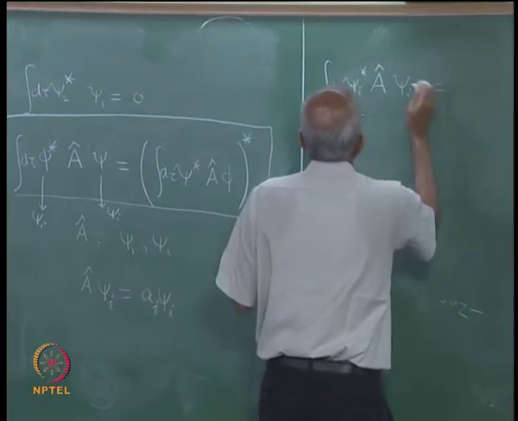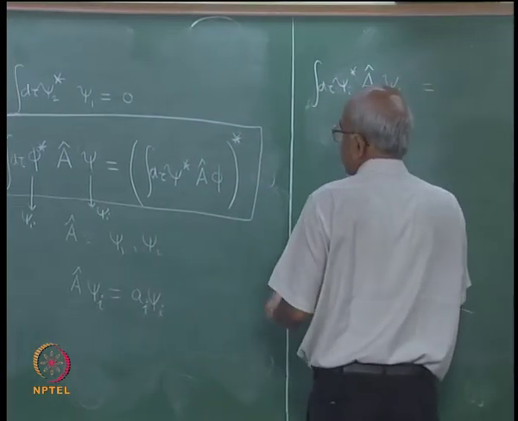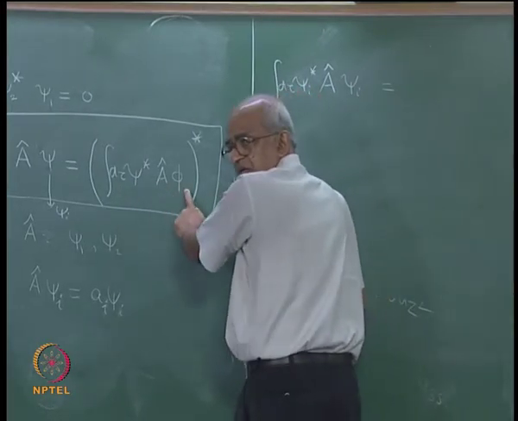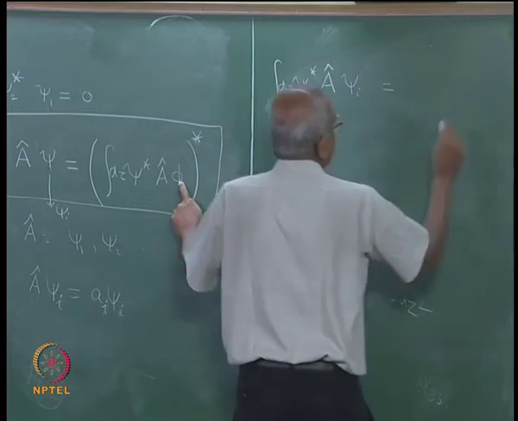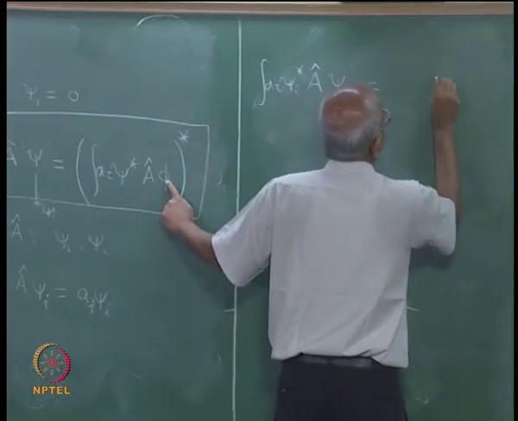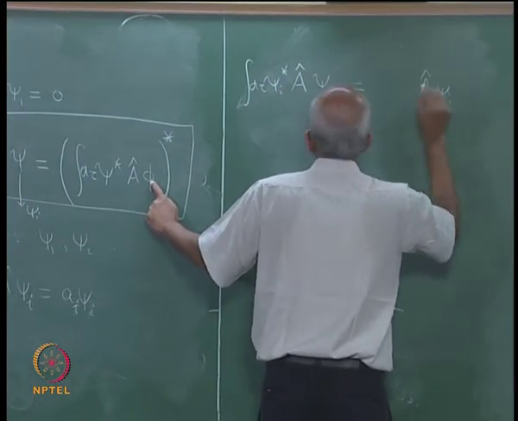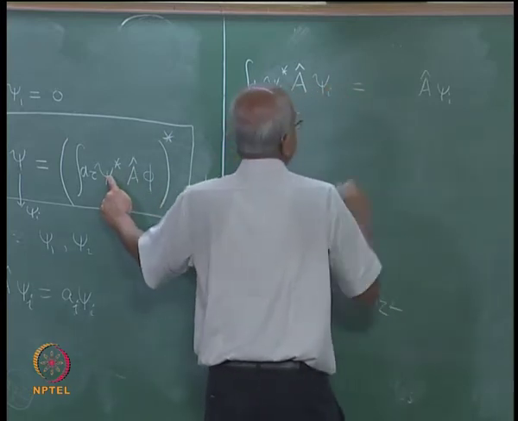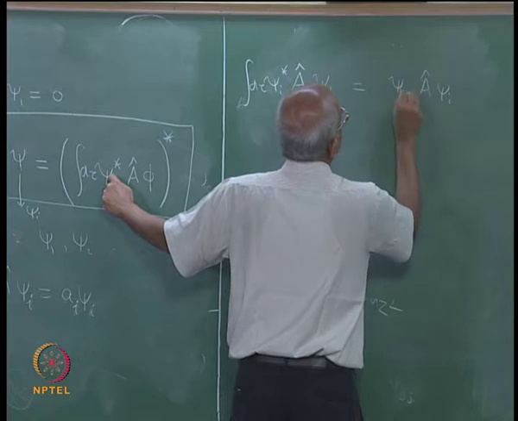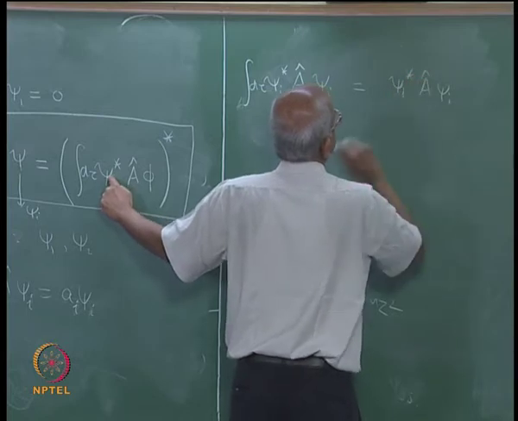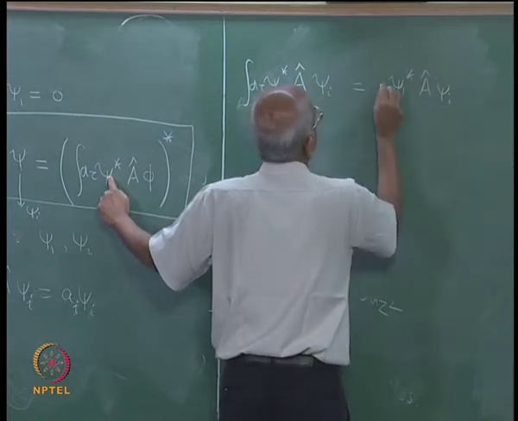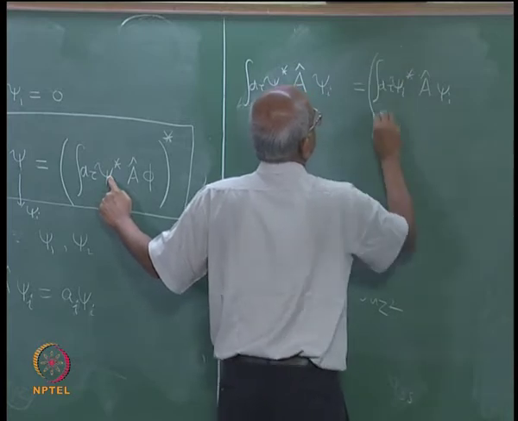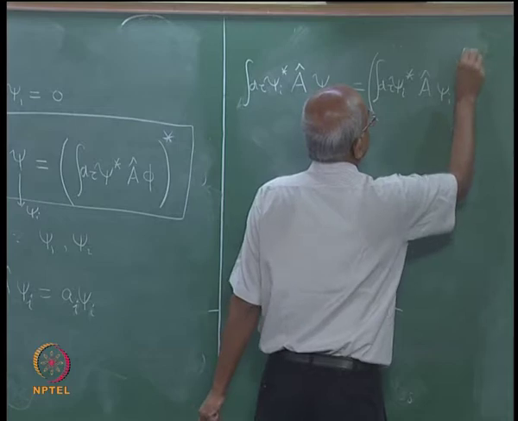And the fact that A is a Hermitian operator implies that I can do the same thing on the right hand side. So, instead of phi, what would I have? I would have A operating upon psi I, because phi is identified with psi I, and this psi is identified with psi I itself. So, I would have psi I star, and then the volume element dτ integrated over the entire space, and then I will have the star.